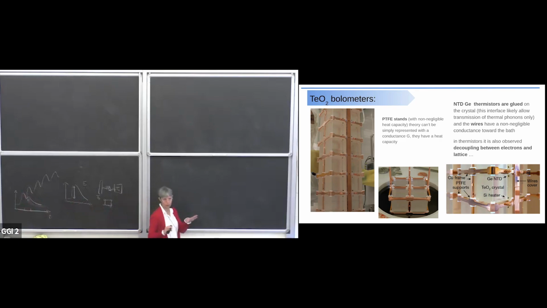So you need to have some kind of equilibrium, and this optimization is done by using Teflon, PTFE, stands or supports, as you like, that hold the crystal in position and avoid a direct thermal contact between the copper and the crystal. And then here you can see our thermistors, and we also have a heater for technical measurements.